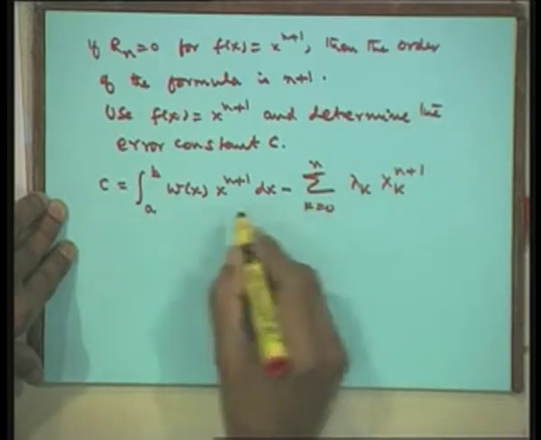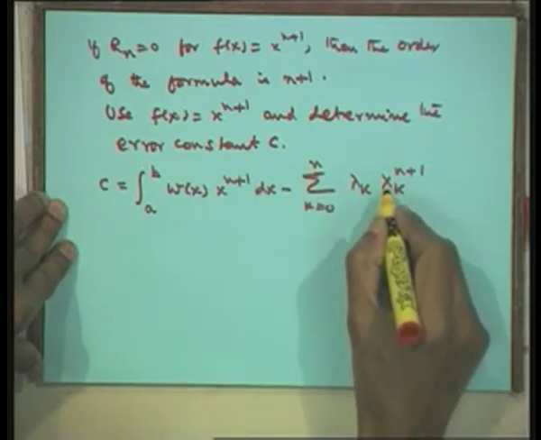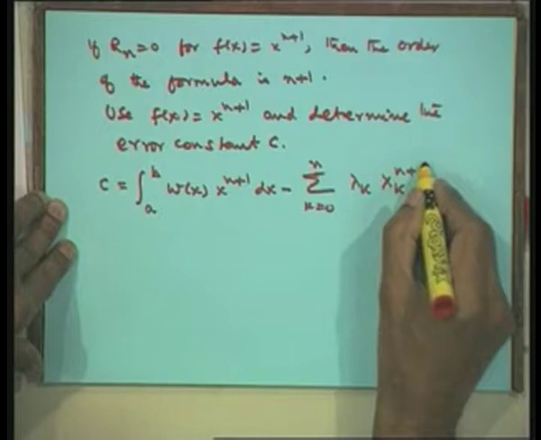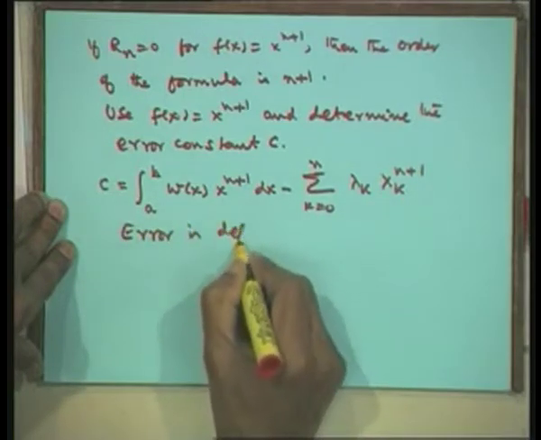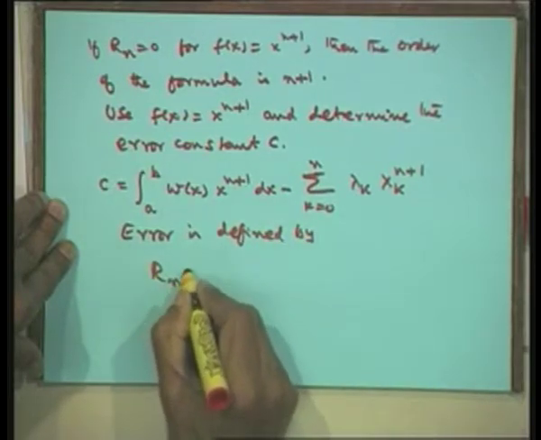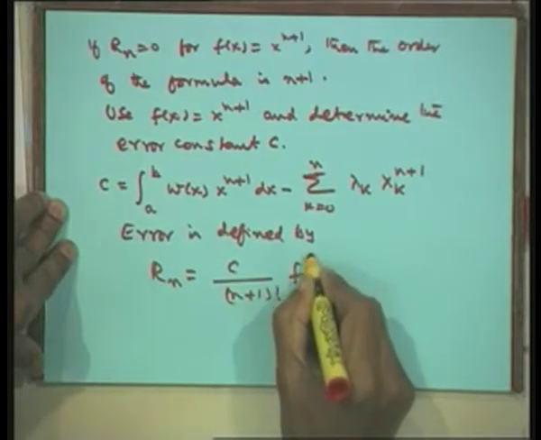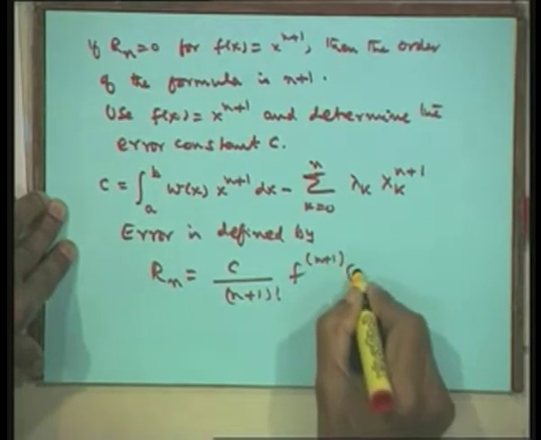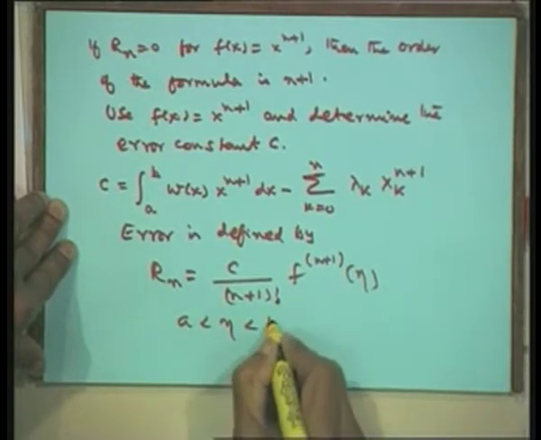In the integration rule, f x is replaced by x to the power of n plus 1, f of x k is replaced by x k to the power of n plus 1. Then error is defined by R n is equal to c upon n plus 1 factorial f of n plus 1 of eta, where eta lies between a and b.